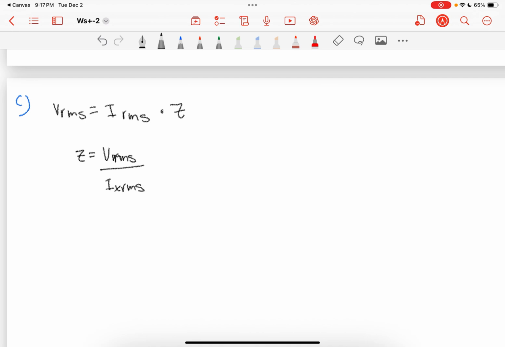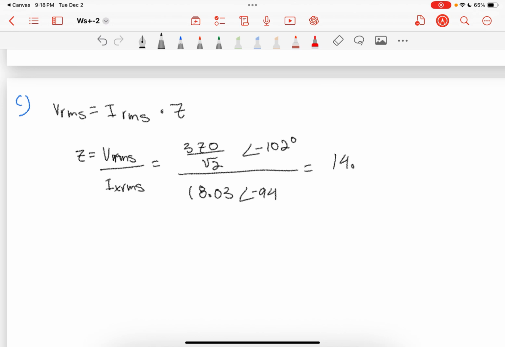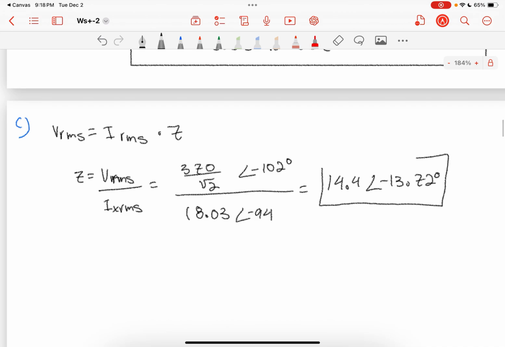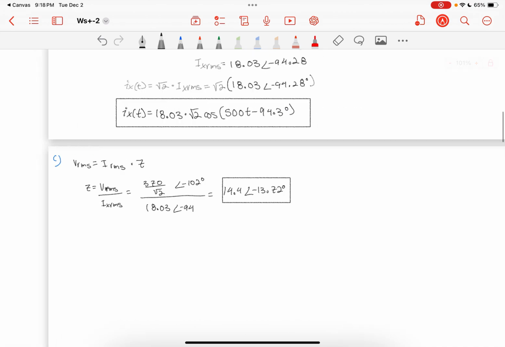These two values we already solved for, so that's just going to be 370 over the square root of 2, angle negative 102 degrees, over 18.03, angle negative 94, and this is going to be 14.4, angle negative 13.72 degrees. And this is going to be the answer for part C. And that's the end of the problem.